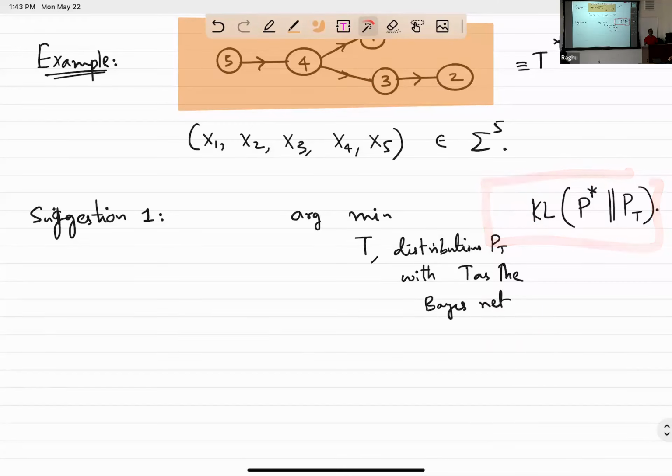Maybe you could try to estimate the pairs of dependencies. Right, that's a good suggestion. You can say let's try and estimate the dependencies between pairs, but first we have to be a bit careful because we saw that conditional independence could be very different from pairwise things.